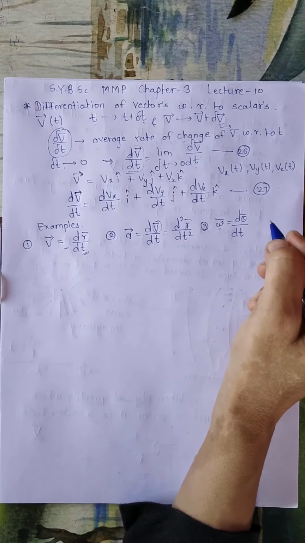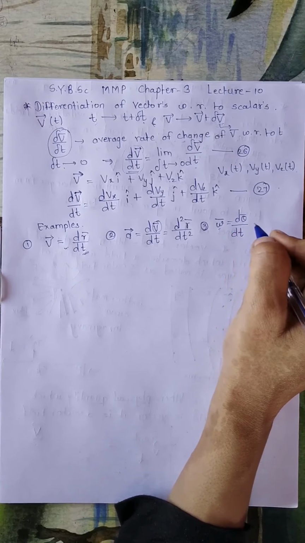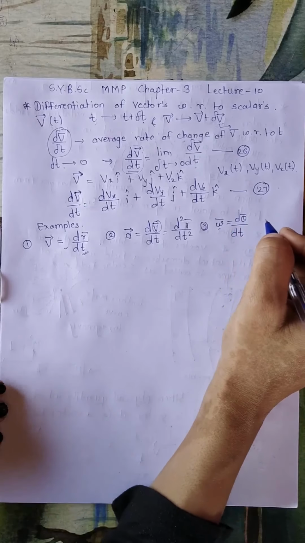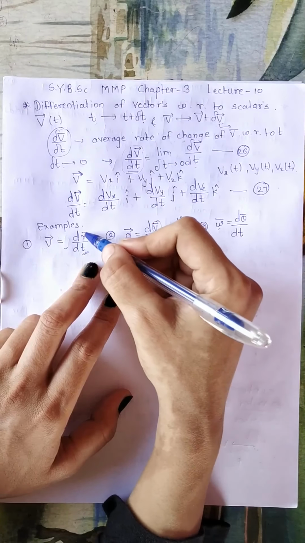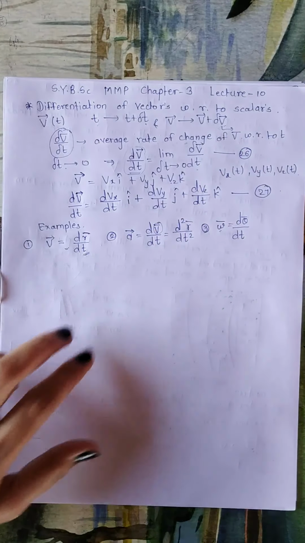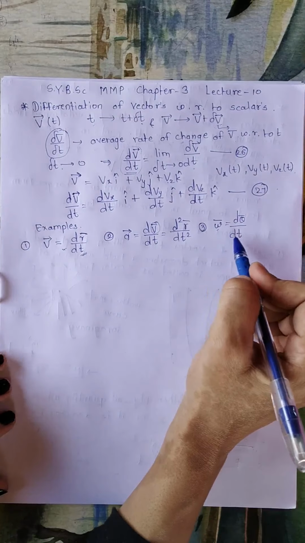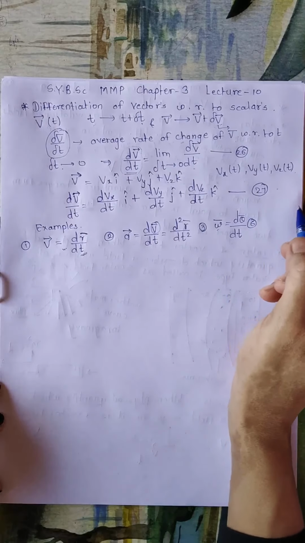This is the definition of angular velocity. You have already studied all this. We are just taking examples so that you get an idea of the derivative of vectors with respect to a scalar.